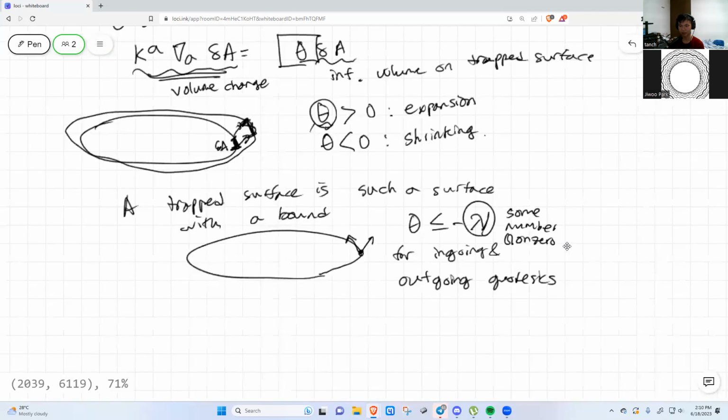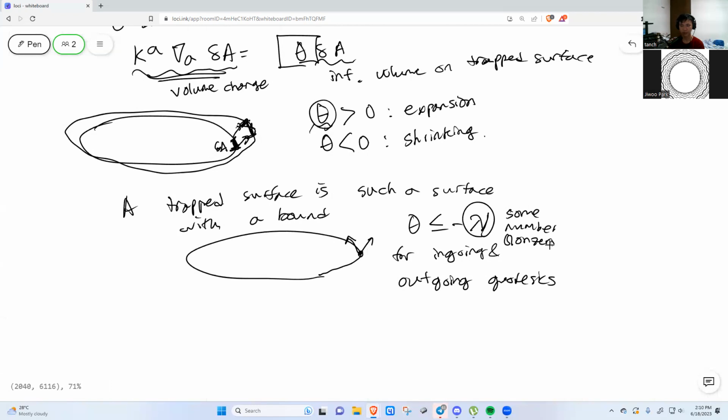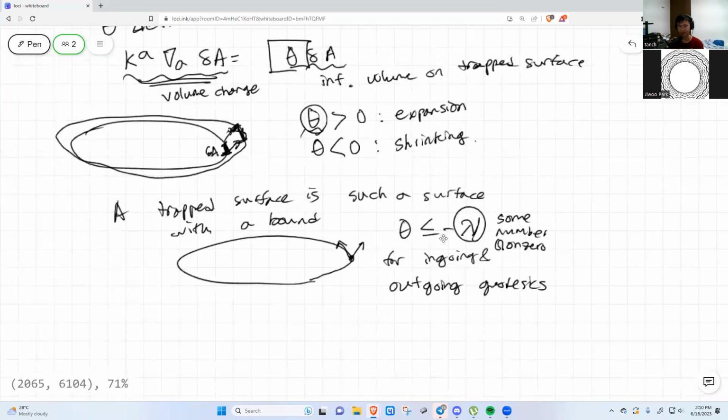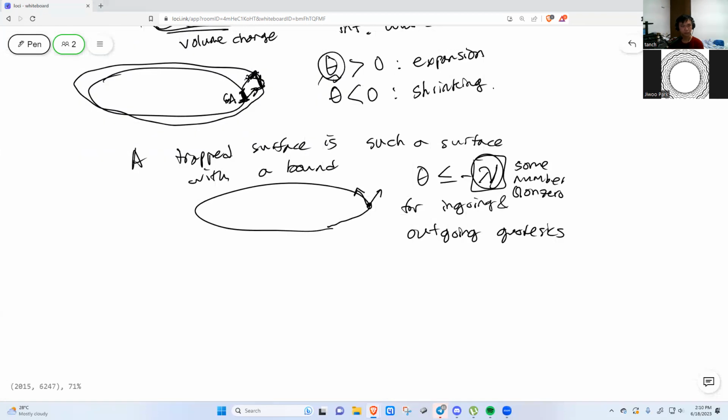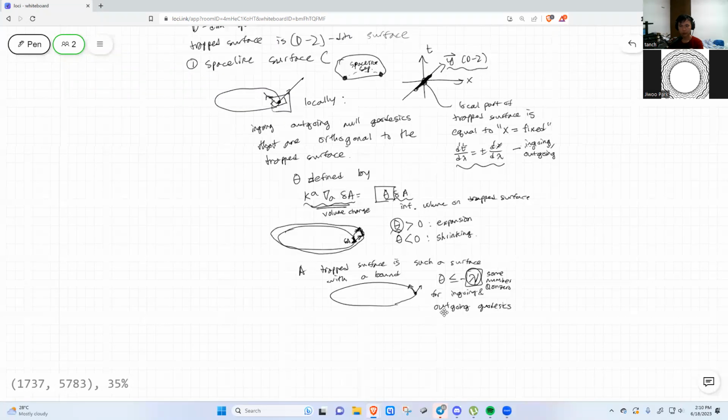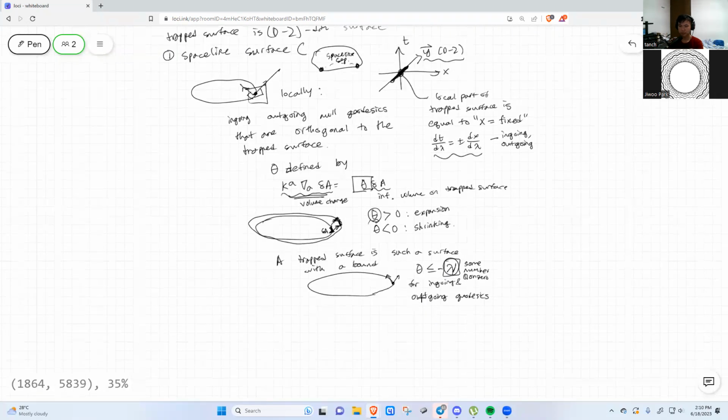Or are we trying to discount infinitesimals? Yeah, we're discounting infinitesimals. Why do we want to do that? Yeah, I can explain. We will see that this number appears in the result of the theorem, and if you take that to 0, then the theorem isn't as useful. I see. Yeah, we'll get there very soon.